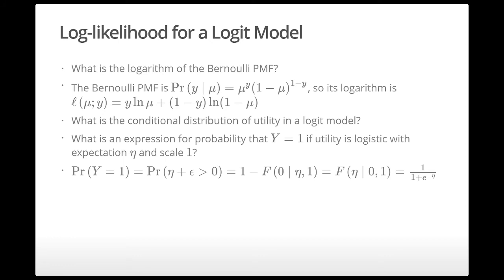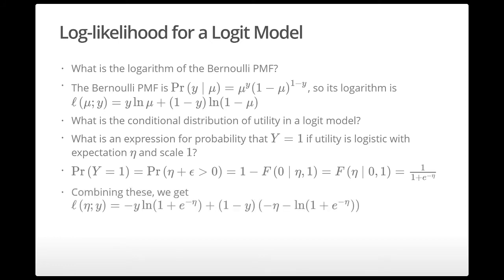So this is a complementary CDF, but it's equivalent to the CDF of the standard logistic distribution at eta, which is just 1 divided by 1 plus e to the negative eta. So that is the probability of success under a logit model.